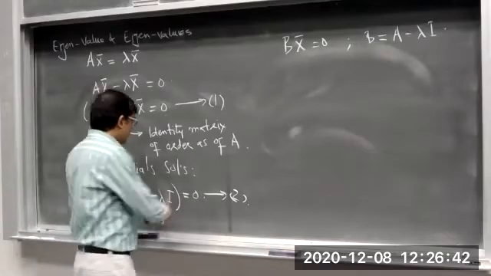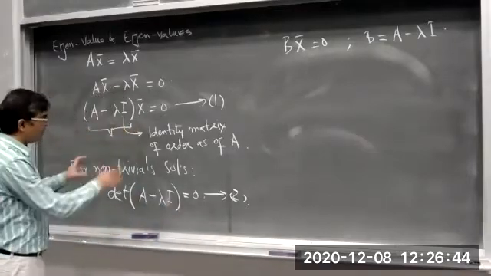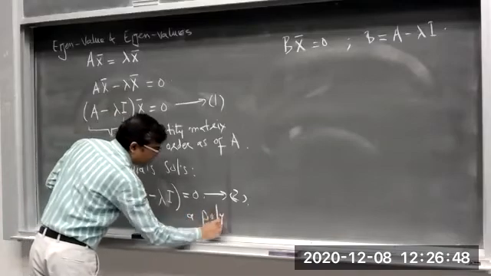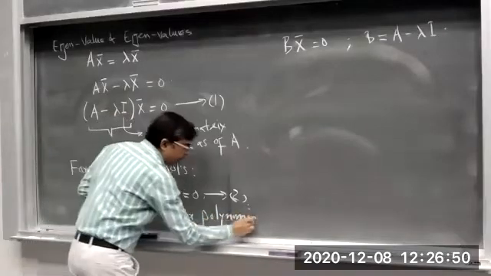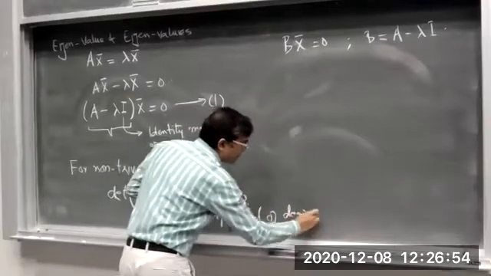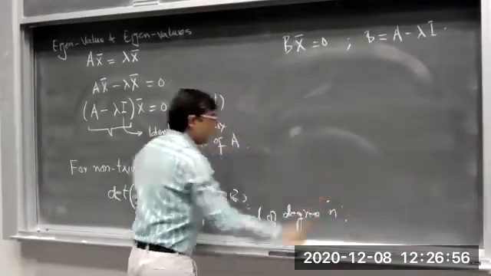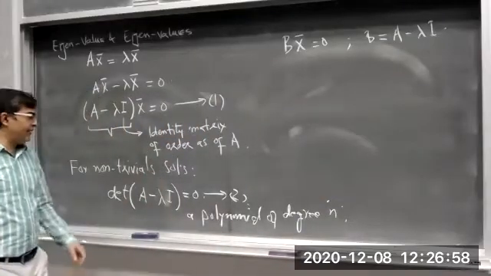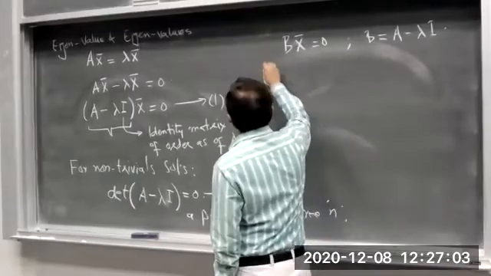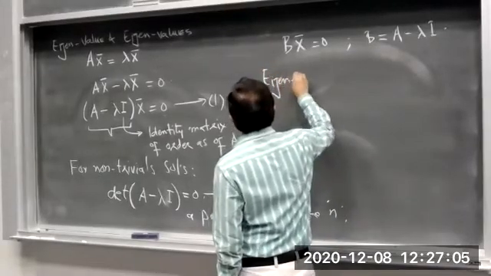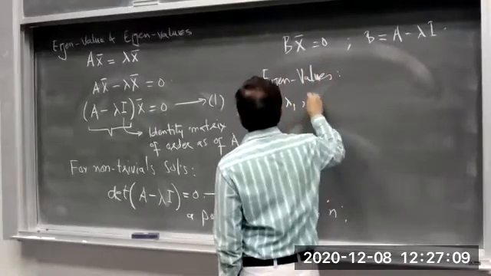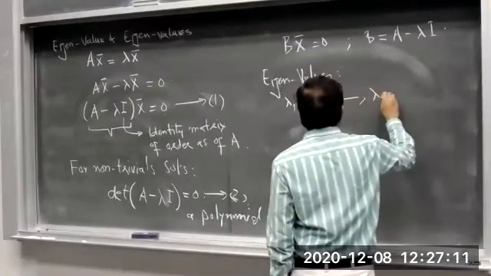And I told you that if we solve this determinant, it gives us a polynomial of degree n. If it is a polynomial of degree n, then it must have n eigenvalues, for example, lambda 1, lambda 2, and so on, up to lambda n.